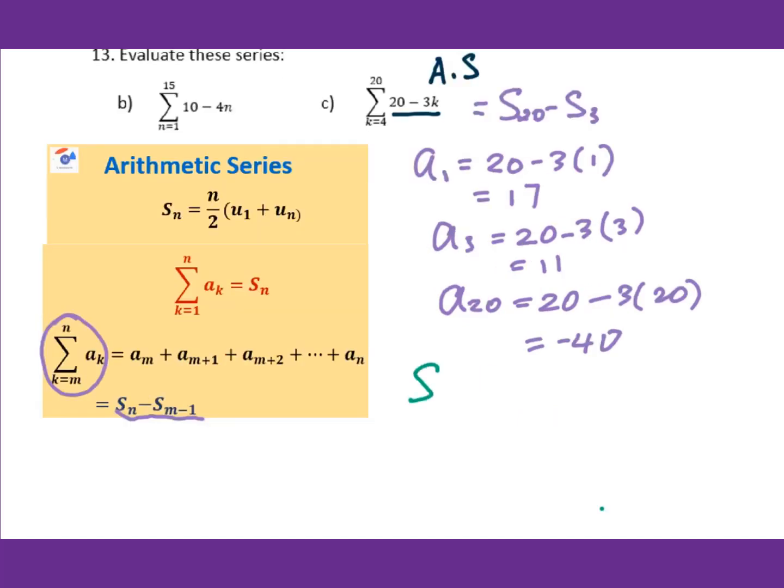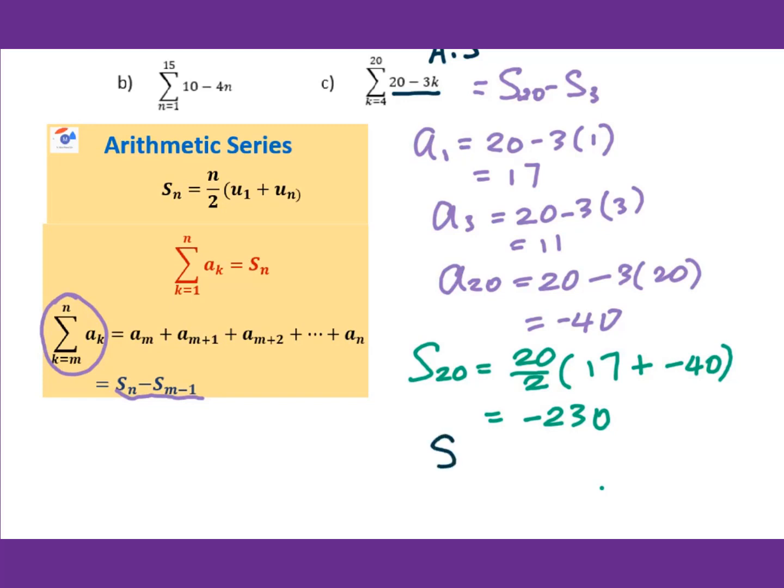Therefore, S sub 20 equals 20 over 2 times 17 plus negative 40, you will get negative 230.